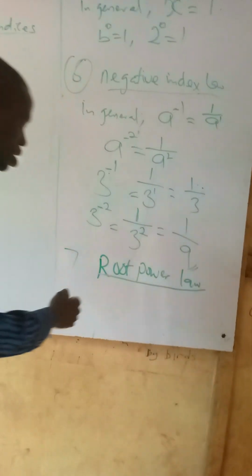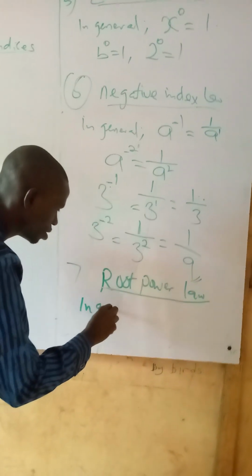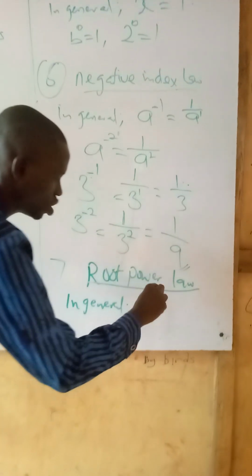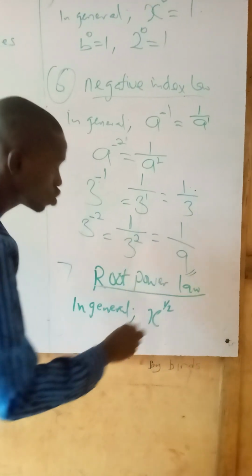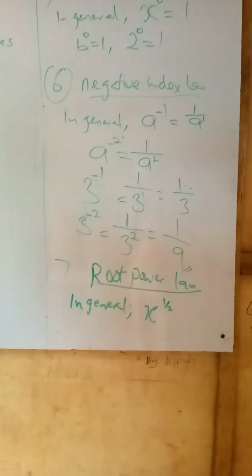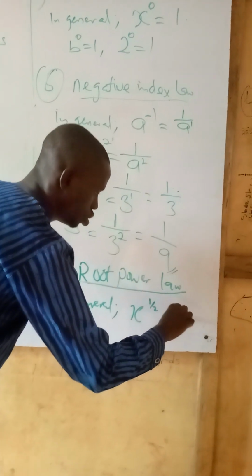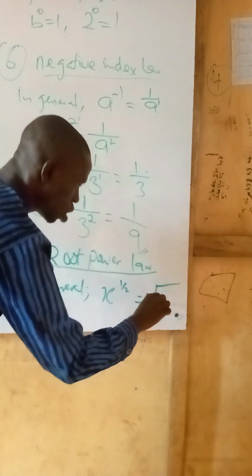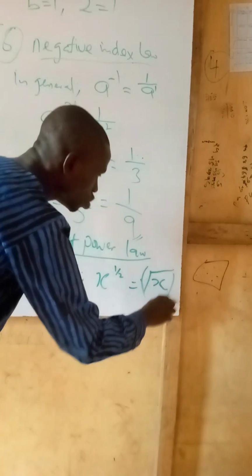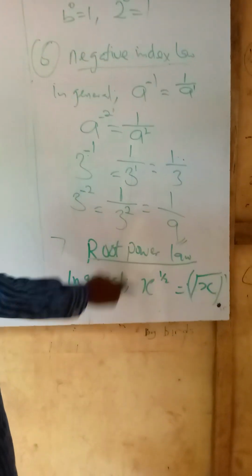It implies that when you have a number, say x, that is raised to the power of half, this will give us the square root of x. That's the root power law.